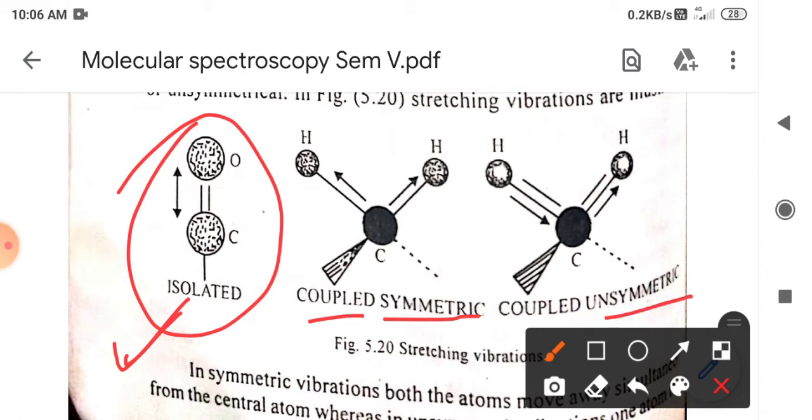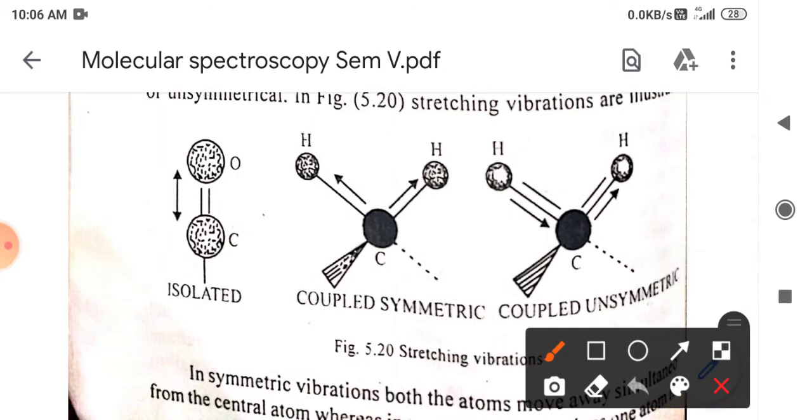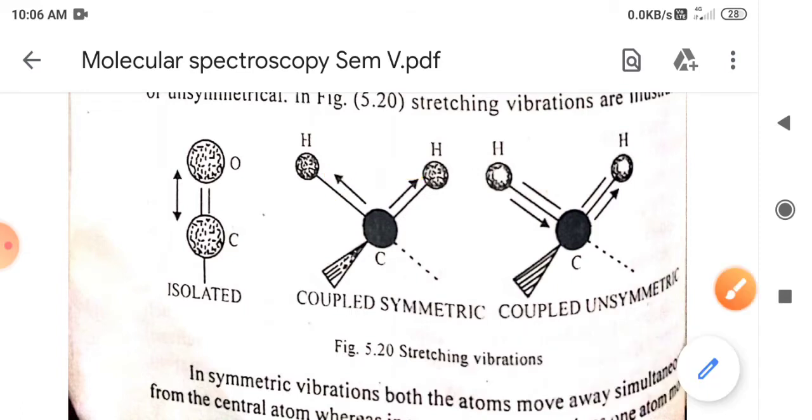So in symmetric vibration, what will happen? The net change in dipole moment will be zero. In symmetric stretching, one atom is moving in this direction and another atom in the opposite direction, so the net change will be zero.